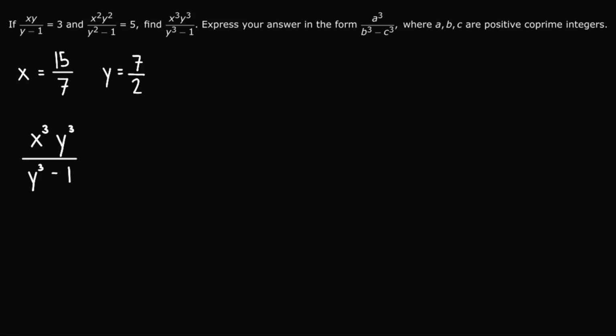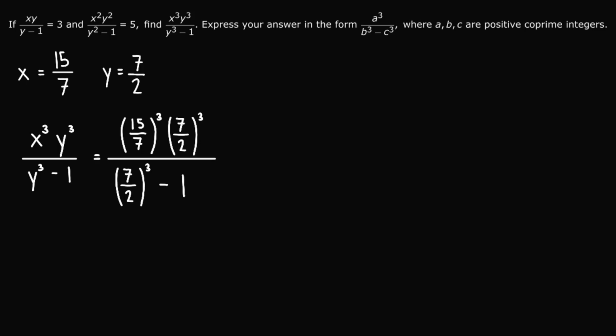This is equal to 15 over 7 cubed times 7 over 2 cubed, all over 7 over 2 cubed minus 1. So we just plugged in x and y. Then we distribute the cube, in the numerator and in the denominator. So we'll get 15 cubed over 7 cubed times 7 cubed over 2 cubed, all over 7 cubed over 2 cubed minus 1.